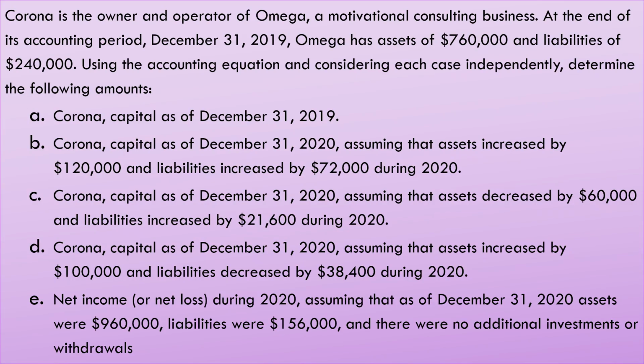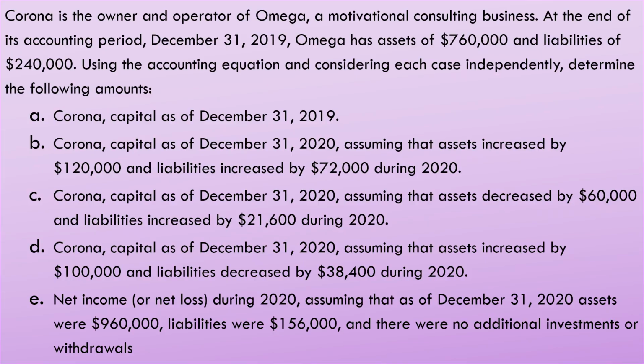Now let's have our word problem related to the accounting equation. Corona is the owner and operator of Omega, a motivational consulting business. At the end of its accounting period, December 31st, 2019, Omega has assets of $760,000 and liabilities of $240,000.